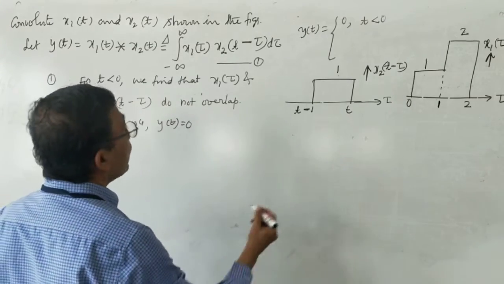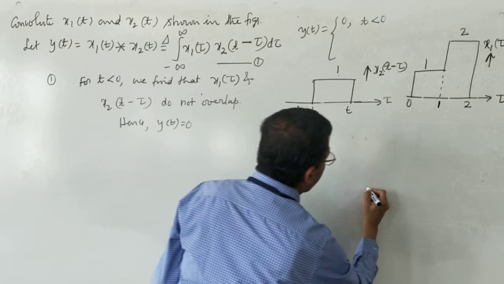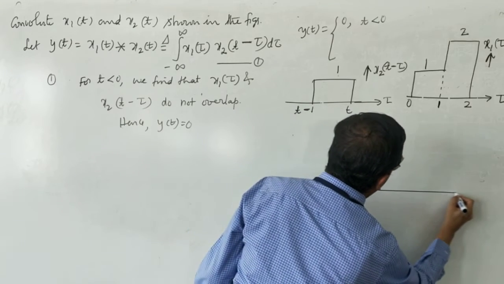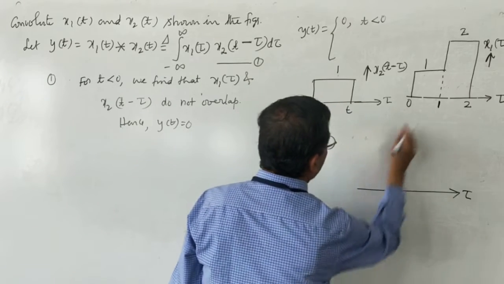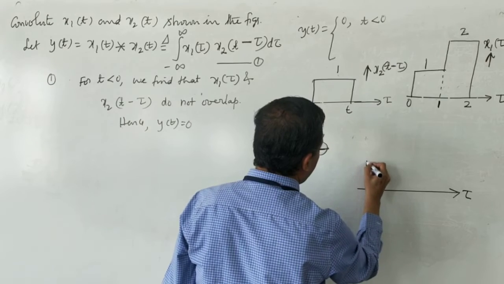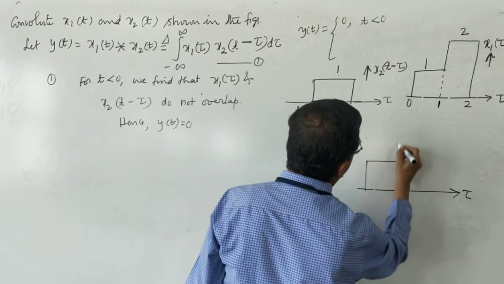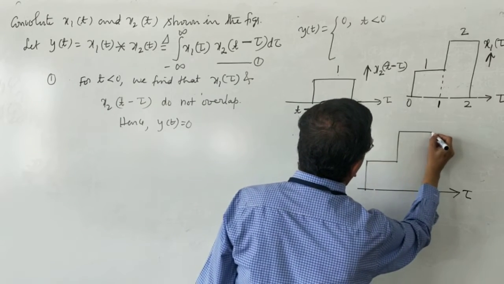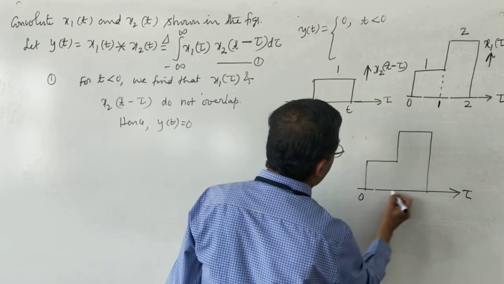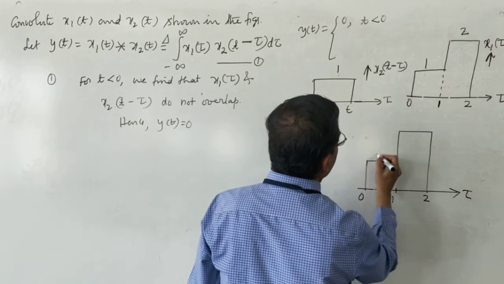Next case, first put the figure. X-axis is tau. First I will write this figure. This is 1, 2, amplitudes 1 and 2.